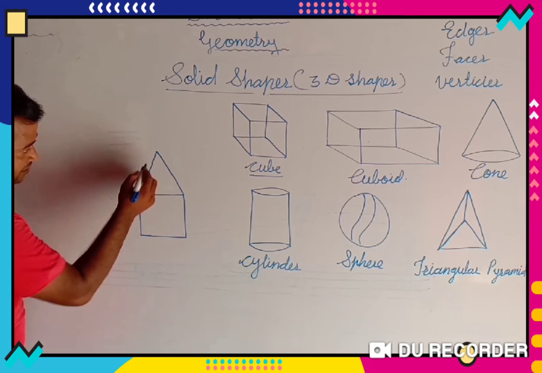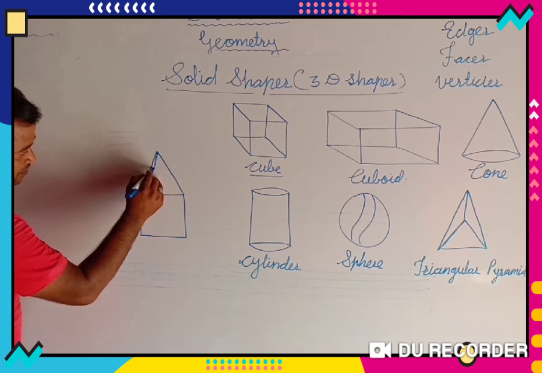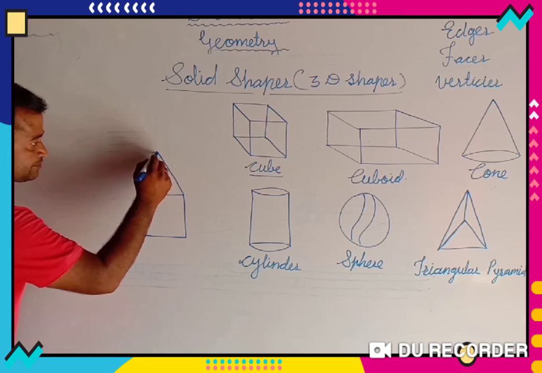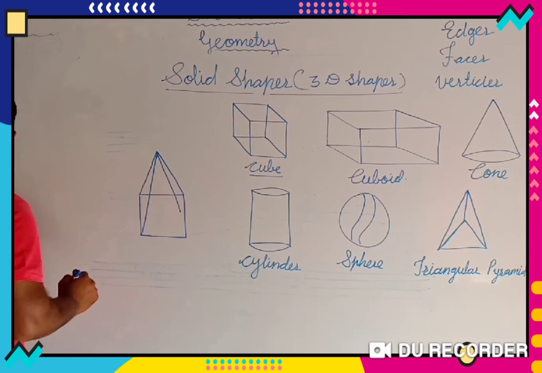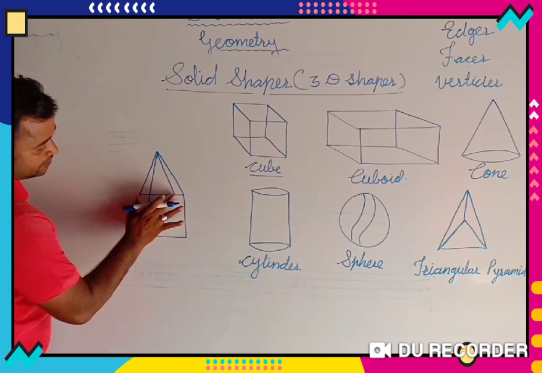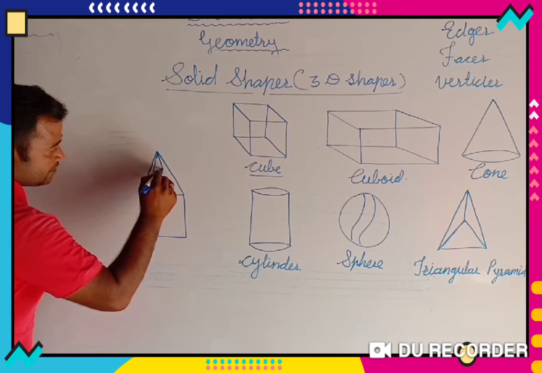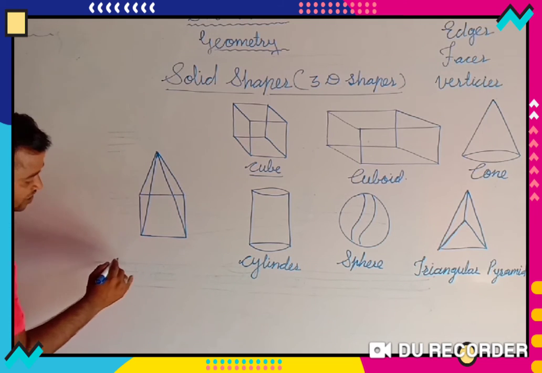Same you have to join this particular corner to these two corners. These two you have to join with the help of scale. So this is square pyramid.